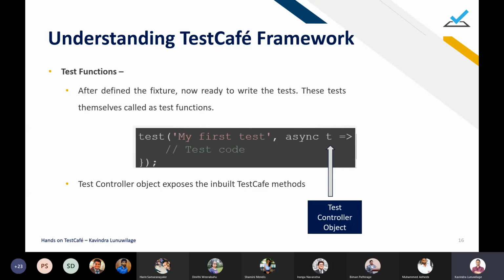This test controller object we declare as async t. From this test controller object you can access all the API calls from TestCafe that I previously mentioned. This TestCafe API has click functions, drag and drop functionality, and also drop down selection. These kinds of things can be accessed through the test controller.